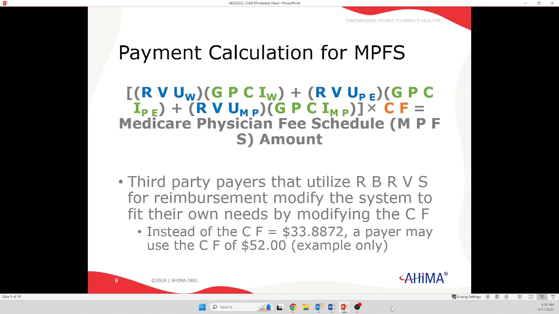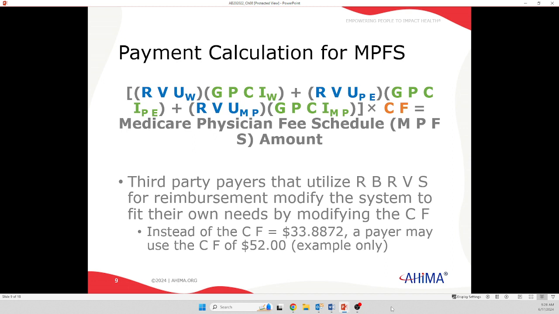All of that multiplied by the CF gives us that fee schedule amount. So the RVUs are converted to the reimbursement amounts. They're published in that fee schedule. That fee schedule is the maximum amount of reimbursement that Medicare will allow for a service. And it is a complete list of payments for services by the HCPCS codes.